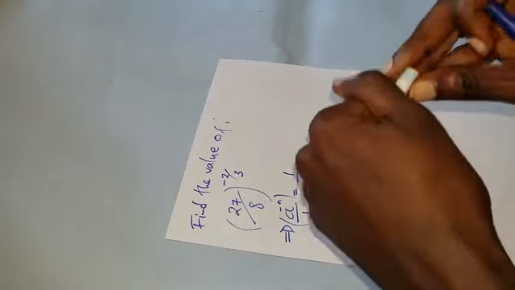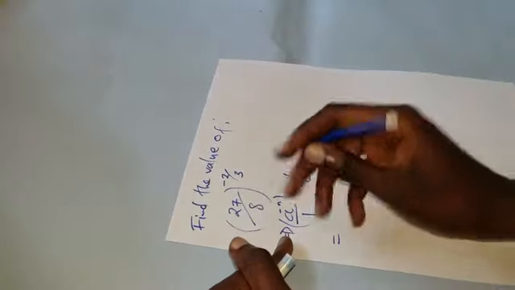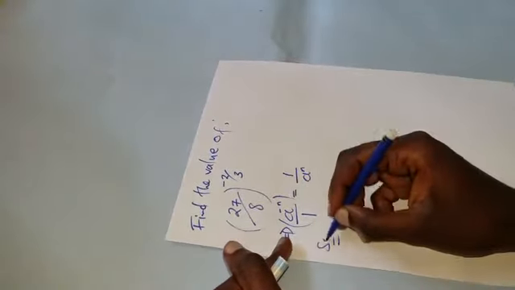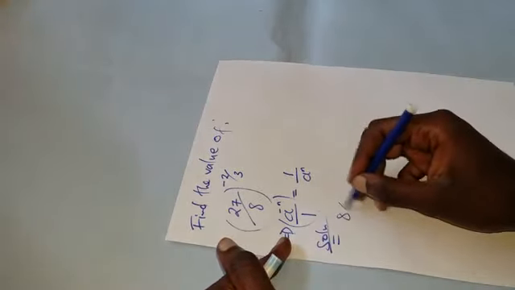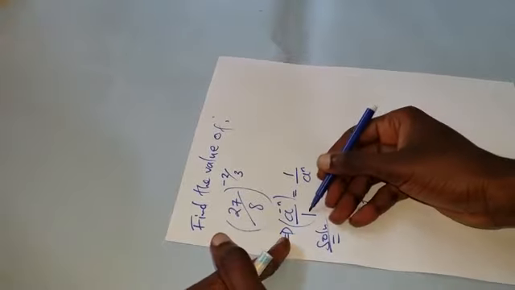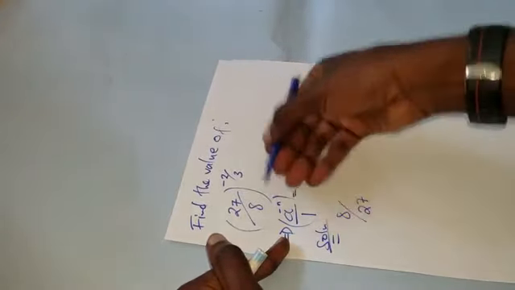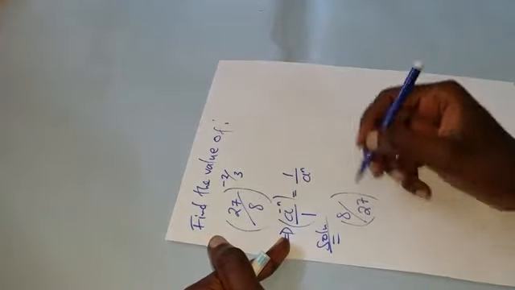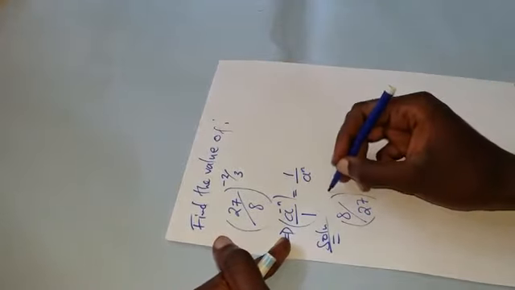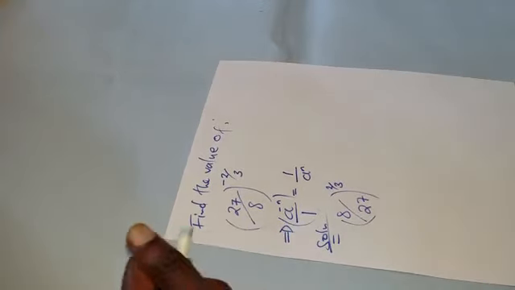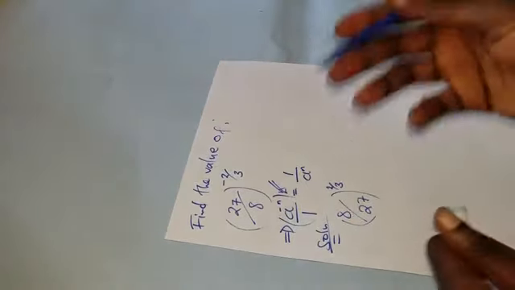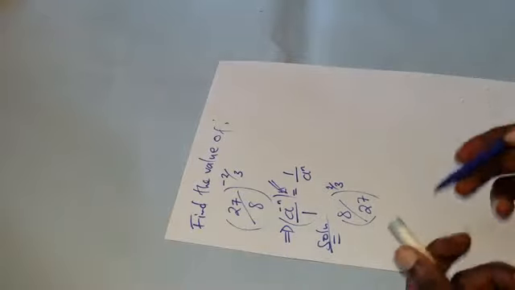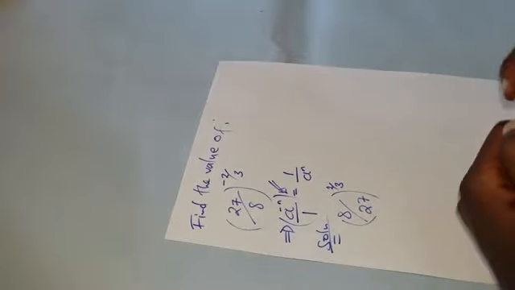So we shall have 8 over 27. The number down goes up, the number on top comes down, and the power becomes positive. I am basically using this rule: a power negative n, then we get the inverse. The denominator becomes the numerator, and the numerator becomes the denominator.